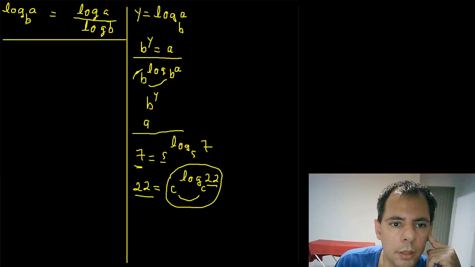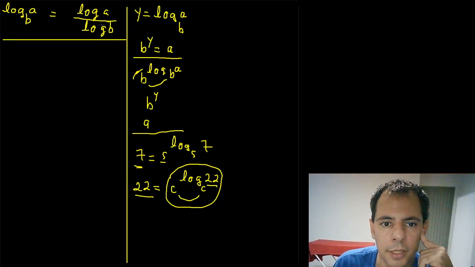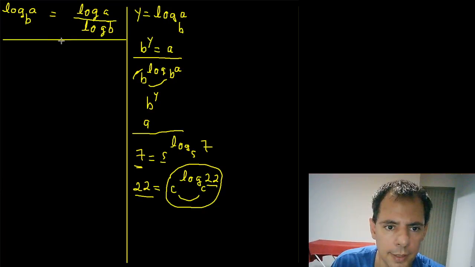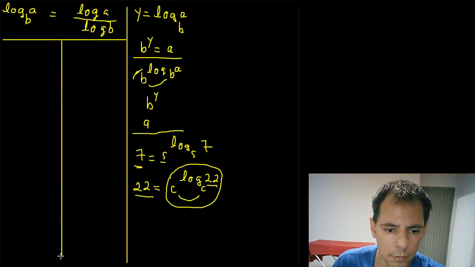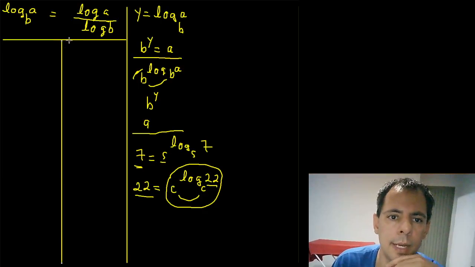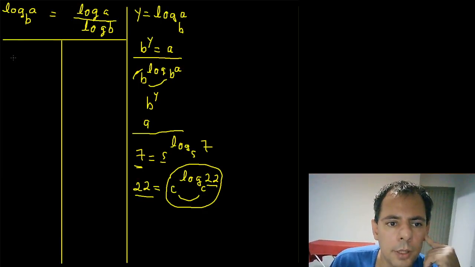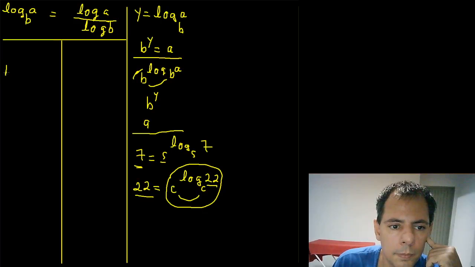You got here log of a on the base b equals log of a divided by the log of b. I'm gonna do something. I'm gonna do the same thing to both sides, because everything that I do on one side, I'm gonna have to do on the other side. Now what I'm gonna do is I have this base b in here. I'm gonna take this base b and take it to the power of log of a on base b.